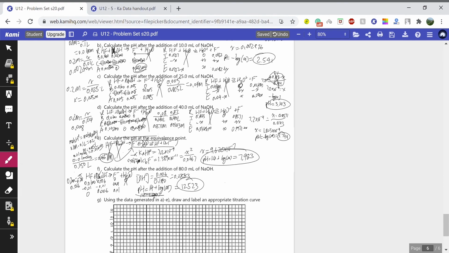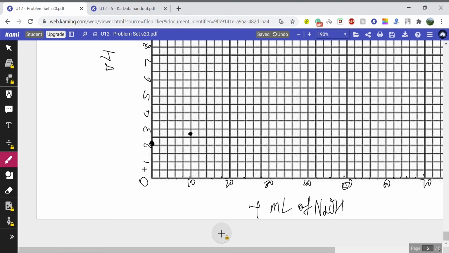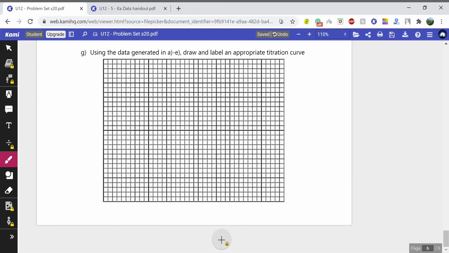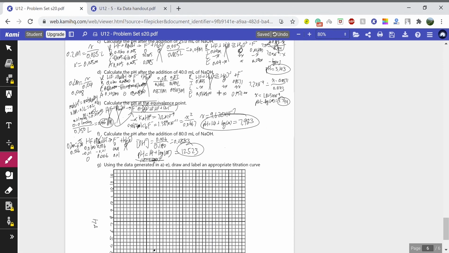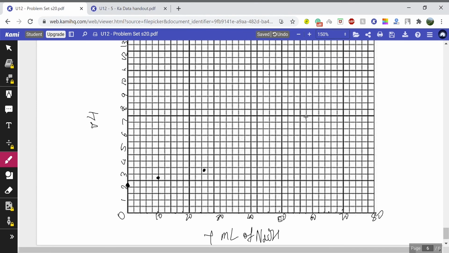Now, when we add 25 milliliters, it's going to be 3.14. 25, 3.14 is going to be over here. And when we add 40, it's going to be 3.74, so very close to 4. Over here. There we go.